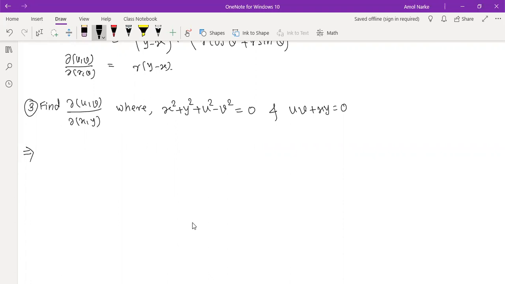Are you getting my point? Such functions are called implicit functions. Have you heard the word implicit before? Yes, sir. Okay. Implicit means you cannot write u and v in terms of x and y.